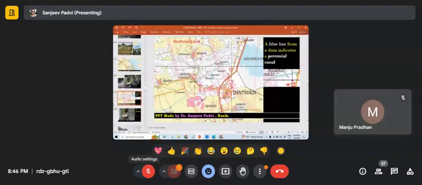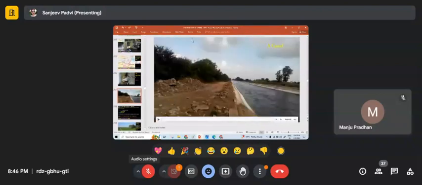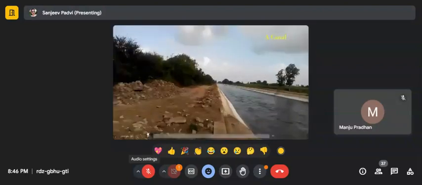And how does it look? Now look at this canal. This is an actual picture of a canal. See this.